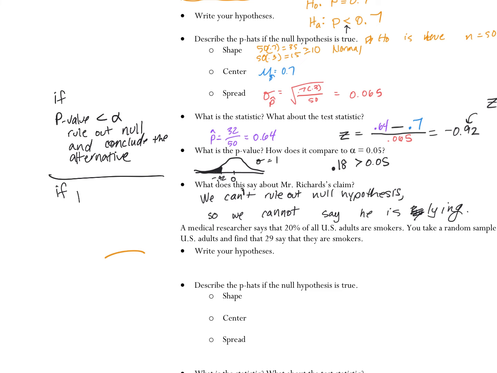If your p-value is greater than alpha, you cannot rule out the null. So you can't conclude anything because both hypotheses could still be true.